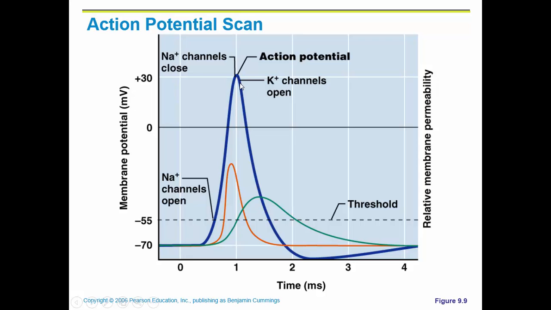Then in order to repolarize, the potassium channels are going to open, and we are then finally going to pump everything back and hit that resting phase where there's going to be nothing happening in the cell itself.